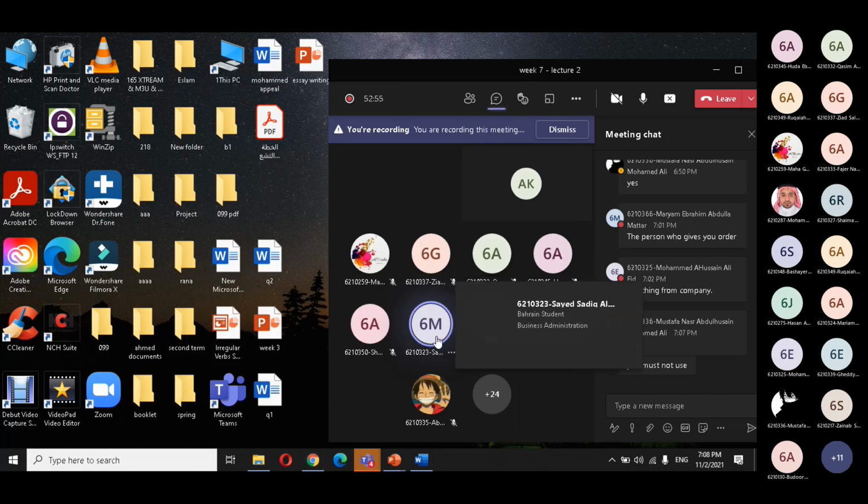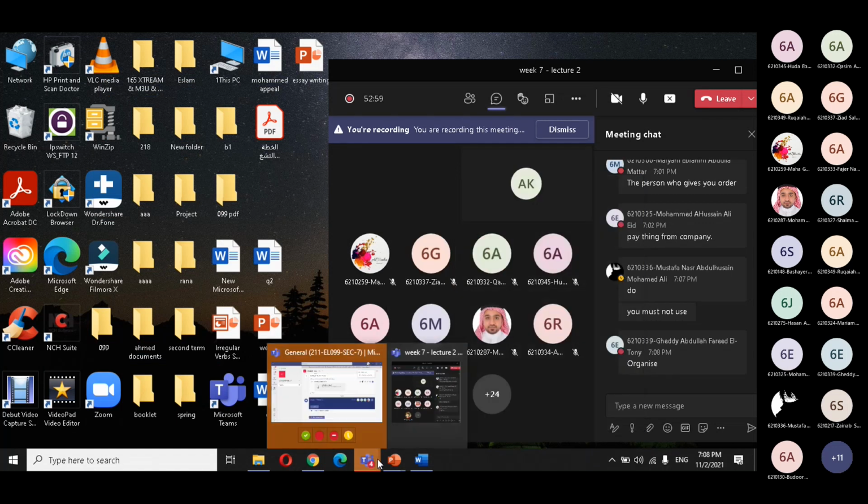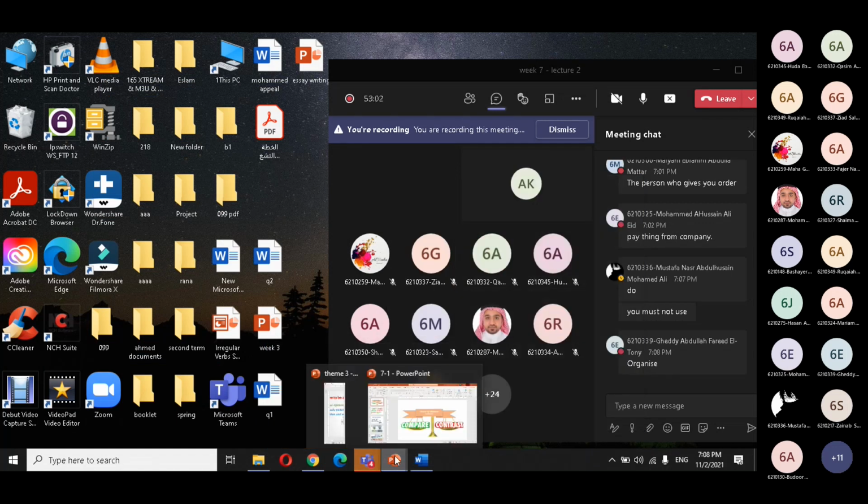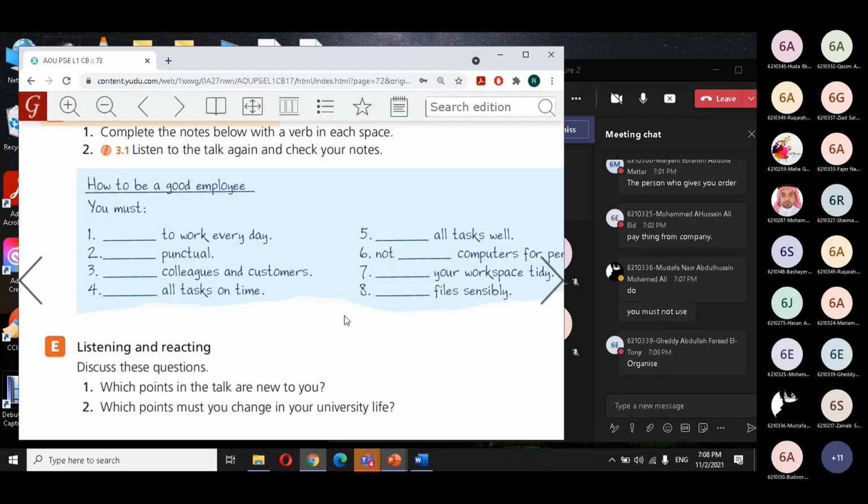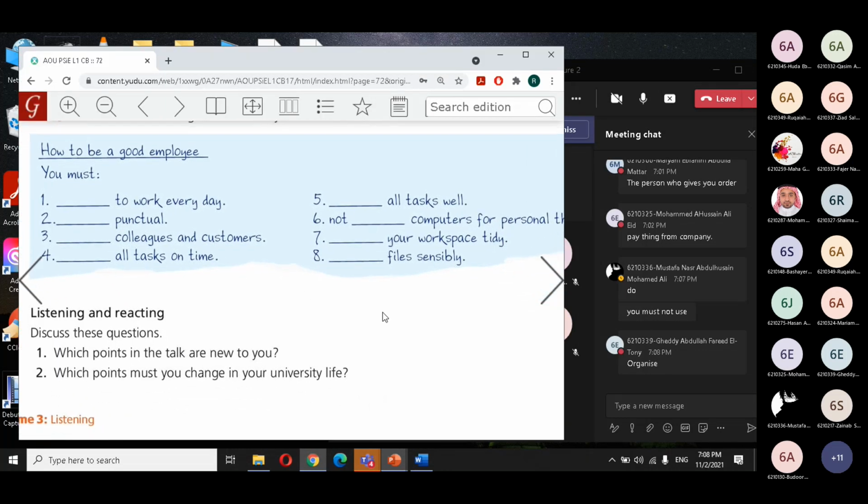Yes, Ghadi, correct, organize. If you look again at the 8 sentences, you will find that they describe the 8 pictures, and at the same time, the 8 sentences answer the question how to be a good employee.